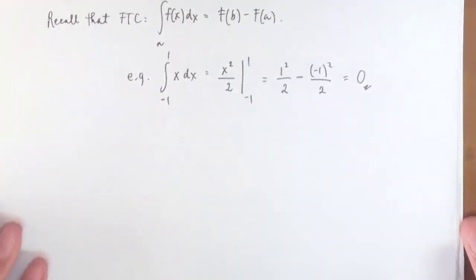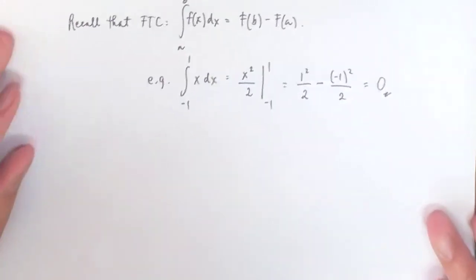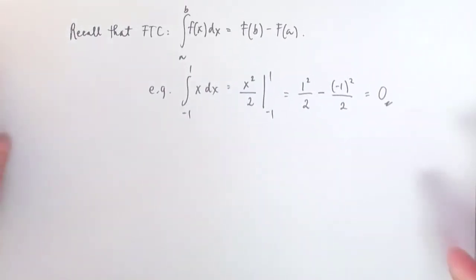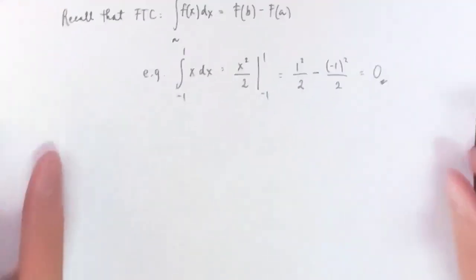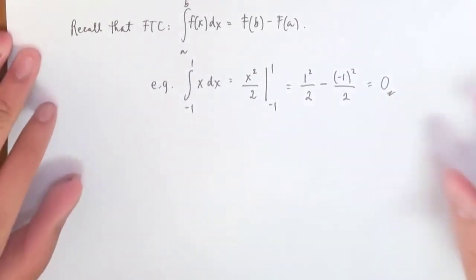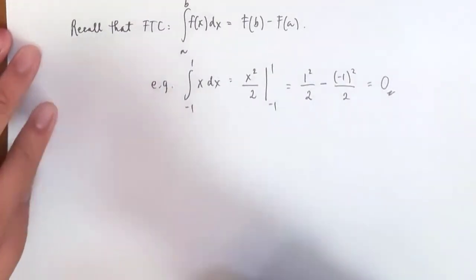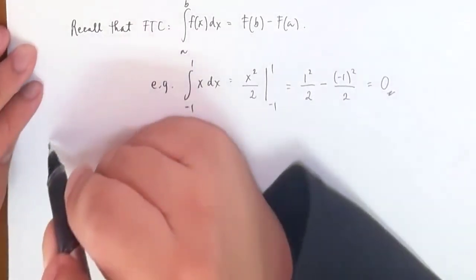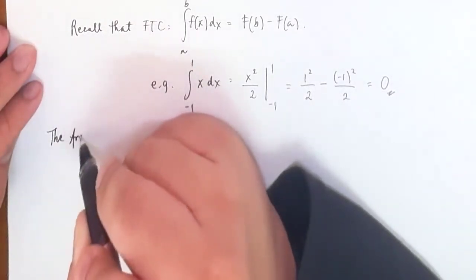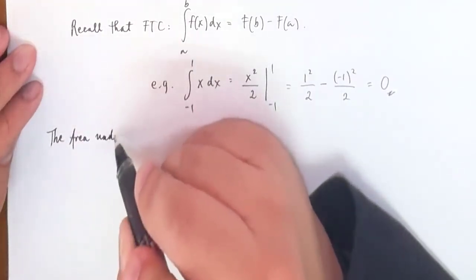Now, it would be nice if there was some way for us to know what this really means. The natural application of this is what we call the area under the curve.